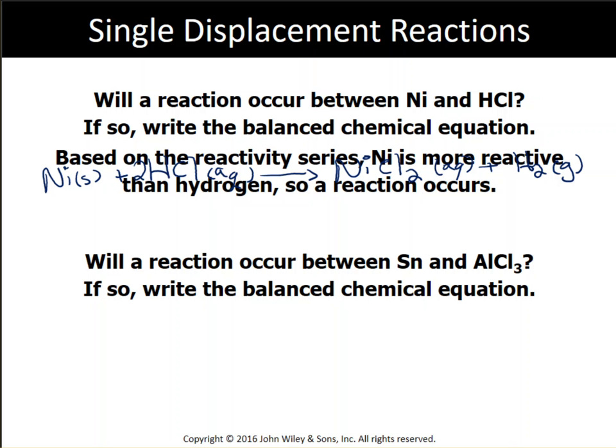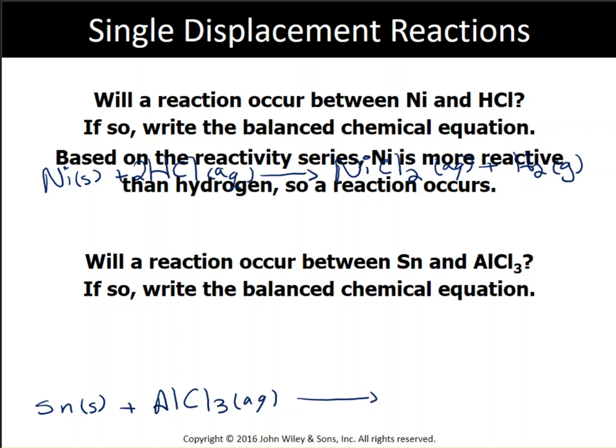Will a reaction occur between tin and aluminum chloride? If so, write the balanced chemical equation. So we want to look at the reaction of tin, which is a metal, and aluminum chloride. So this is a single displacement reaction.